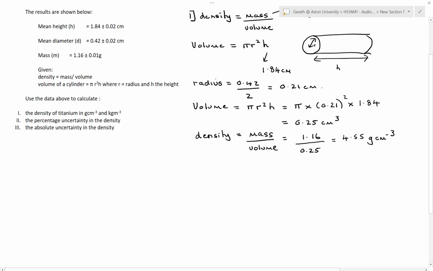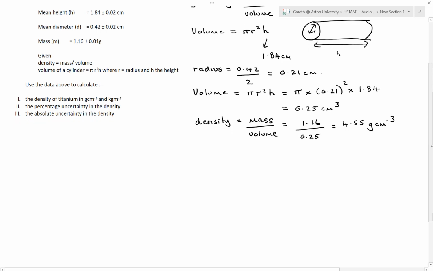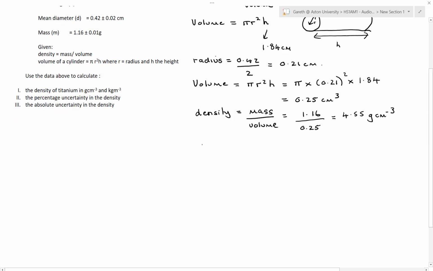The question has also asked us to convert it into kilograms per metre cubed. So recall that to convert grams into kilograms we need to multiply by 1 times 10 to the minus 3. If we want to go from centimetres to metres we need to multiply by 1 times 10 to the minus 2.